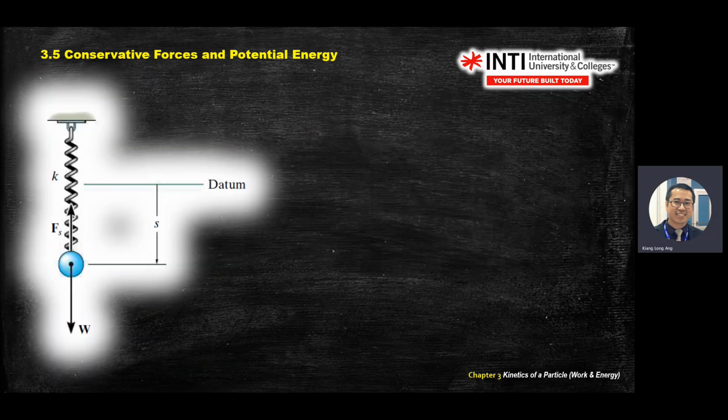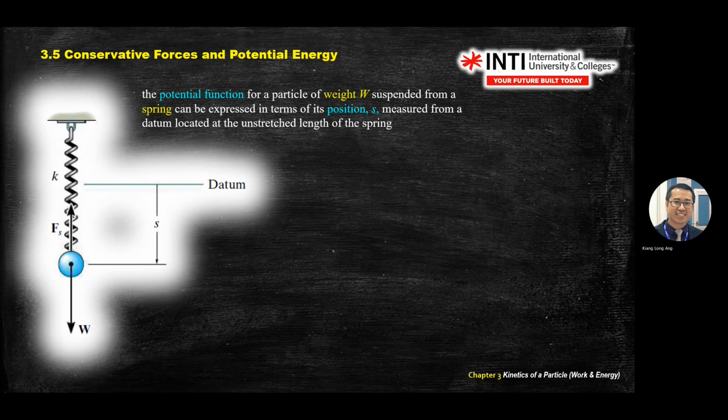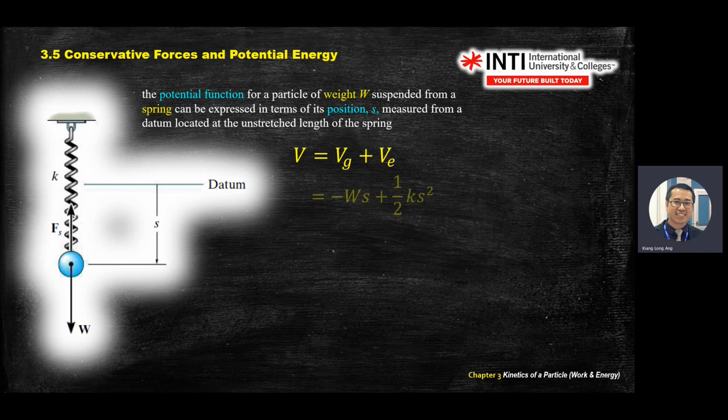We look at an example. If you have a spring combined with an object pulled by the gravitational force, you are given a datum. You look at this diagram, the datum is above the object. It will give you negative potential energy for the object here. Okay, so be careful on the datum.